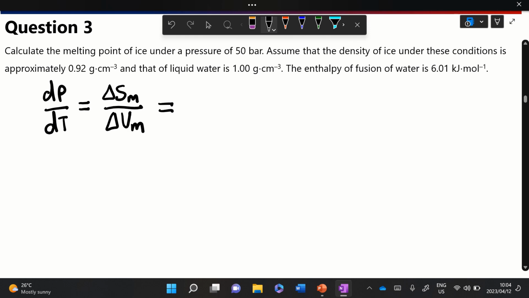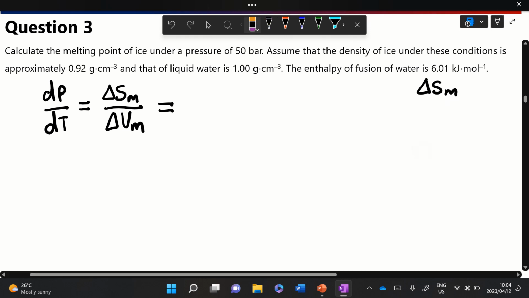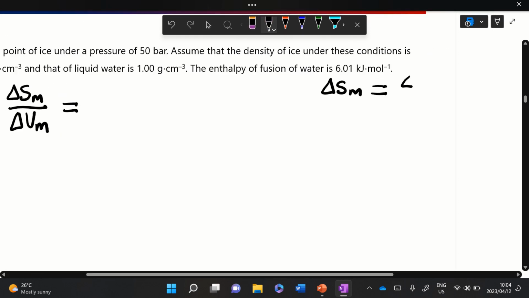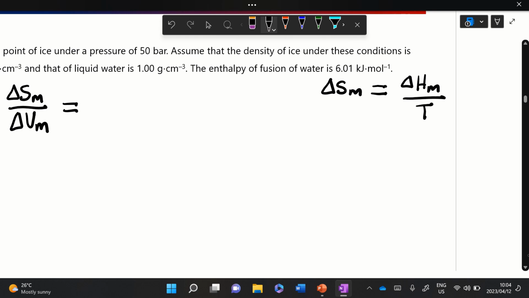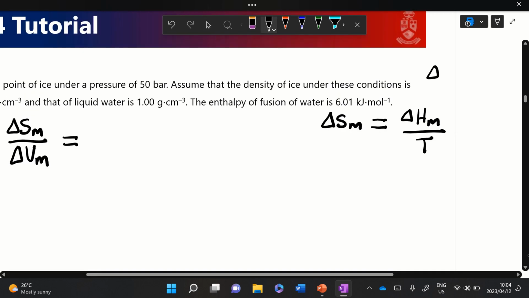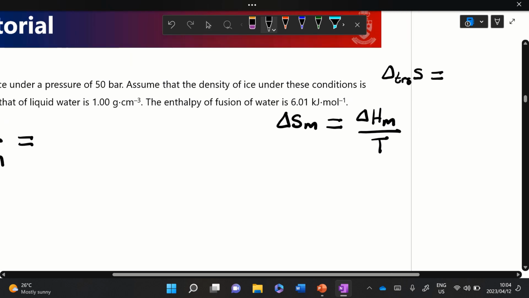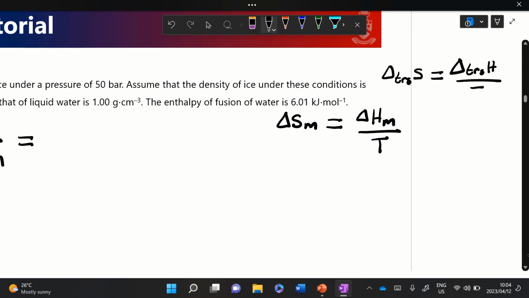And then delta Sm, just here on the side, is delta Hm over T, as you know, where we said the transition entropy is equal to the transition enthalpy over the transition temperature.